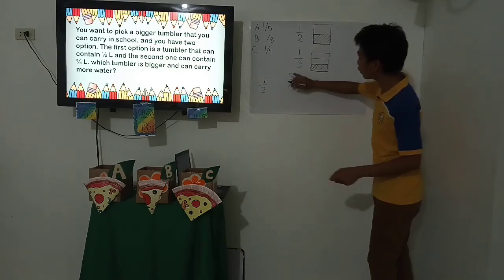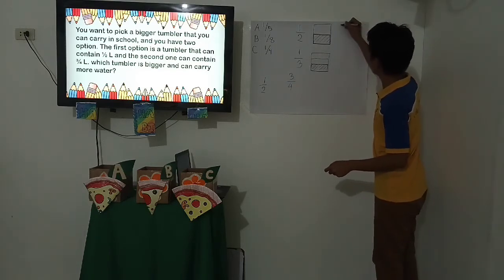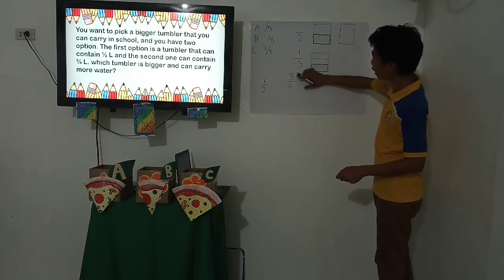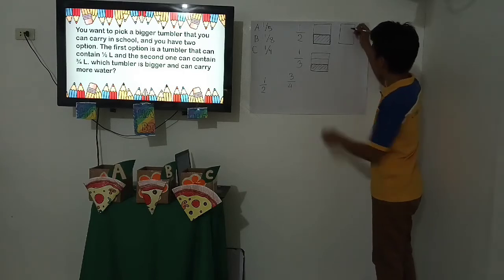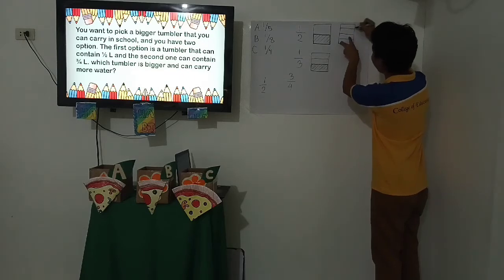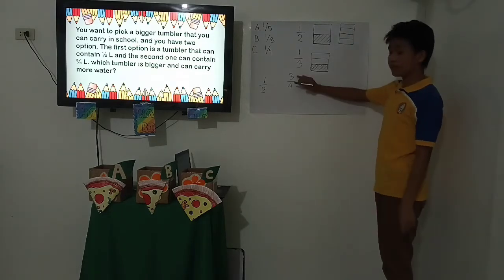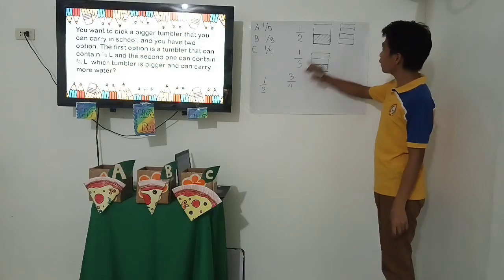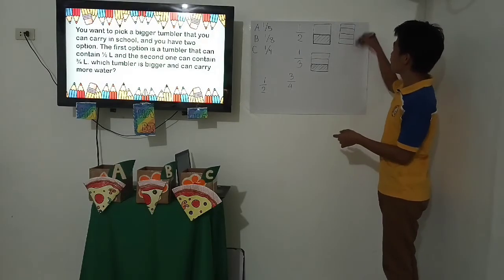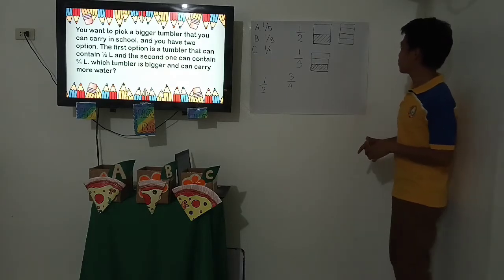And for 3/4, if this is 1 liter of water, we will divide it into 4. Okay, and we will take 3 pieces of the four parts of the liter.